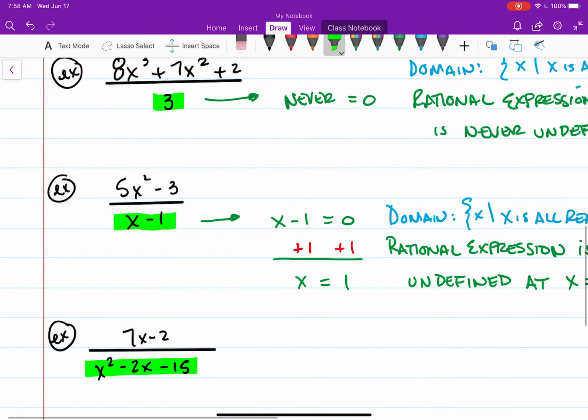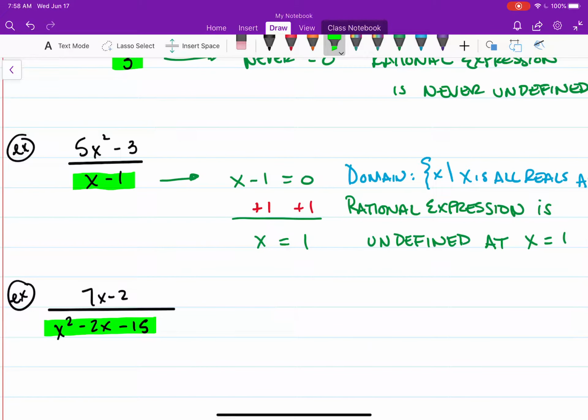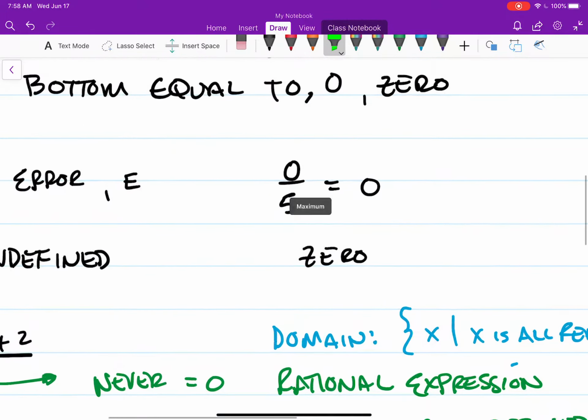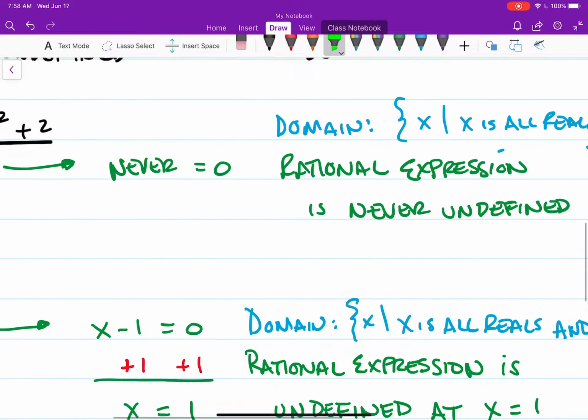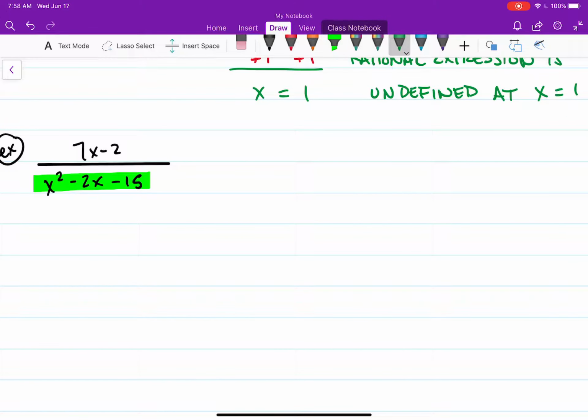So far, I've only focused on the denominator. Anytime I ask when the rational expression is undefined, I focus on just the bottom. That's all that matters. The numerator doesn't matter. The numerator can be 0, and when the numerator is 0, that rational expression is just 0. That fraction is 0.